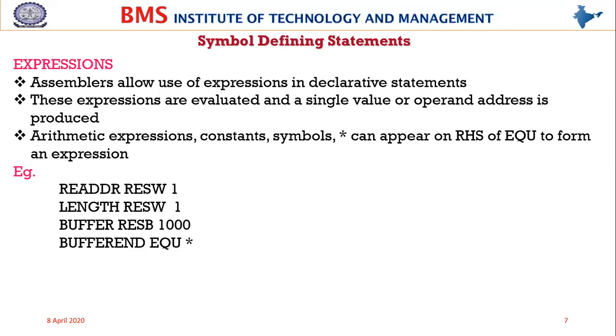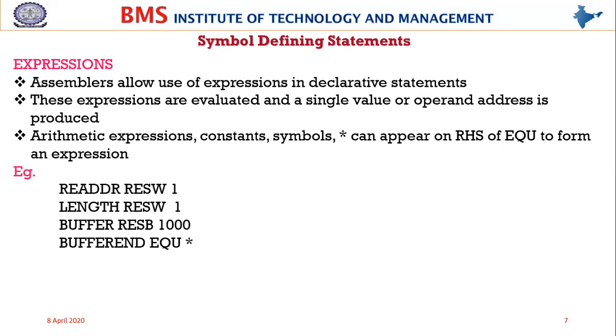Now we have buffer end EQU star. After the addresses are allocated for read address, length and buffer, whatever is the next location counter value is going to be the address of your buffer end. Buffer end is a user-defined symbol specified using an equating statement, and it gets the address at the current location counter value.